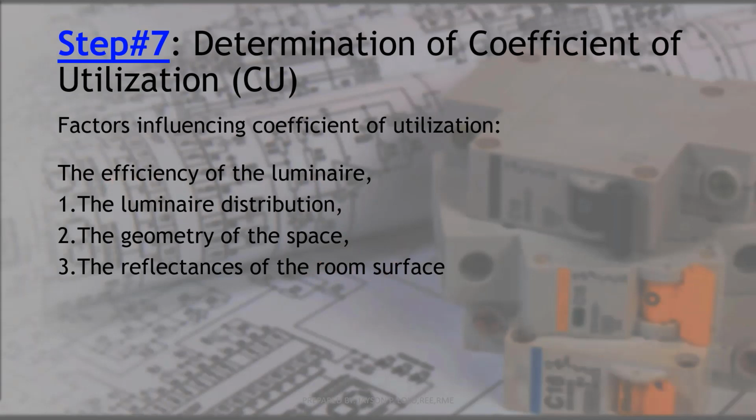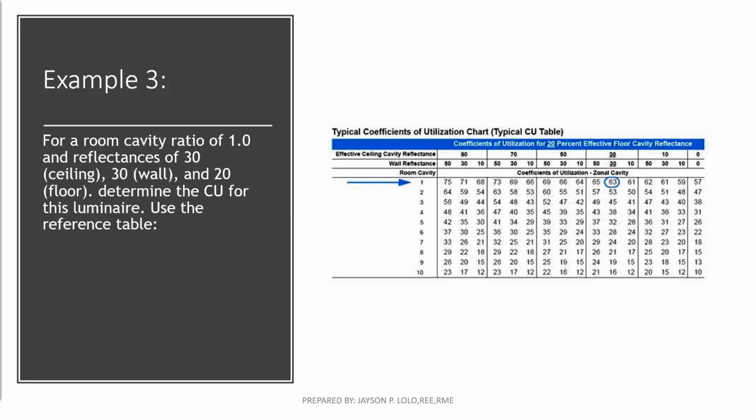So let's take an example number 3. For a room cavity ratio of 1 and a reflectance of 30 for ceiling, 30 for wall, and 20 for floor, you will need to determine the CU for this luminaire. Remember that the room cavity ratio must be computed.